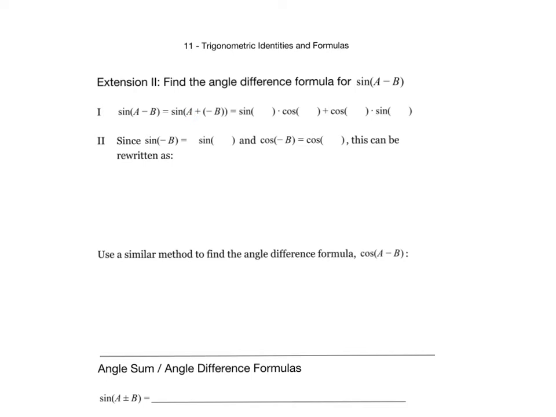It's going to be sine of the first angle, A, times cosine of the second angle, negative B, plus cosine of the first angle, A, and sine of the second angle, negative B.